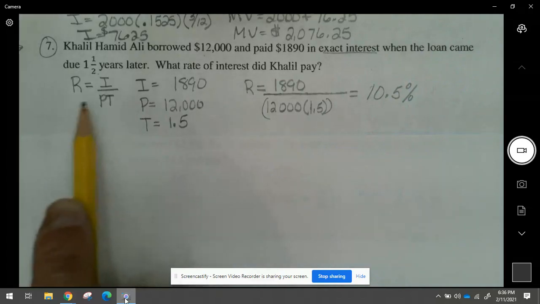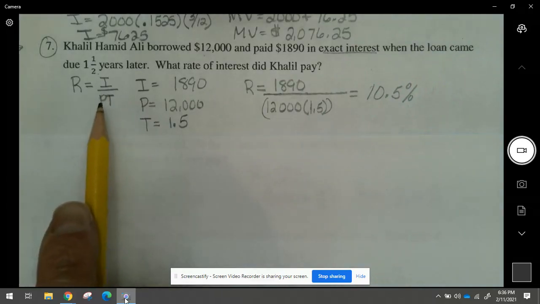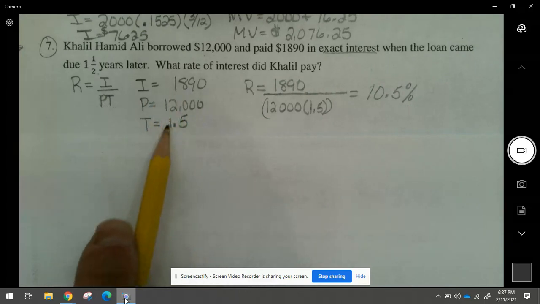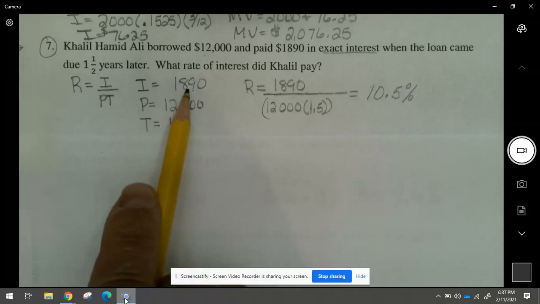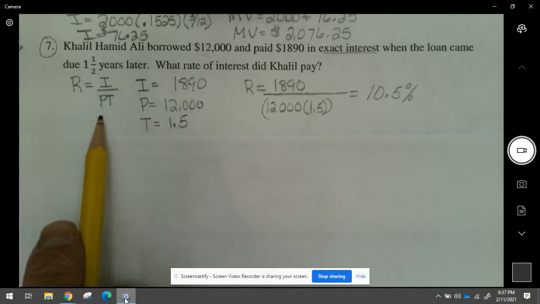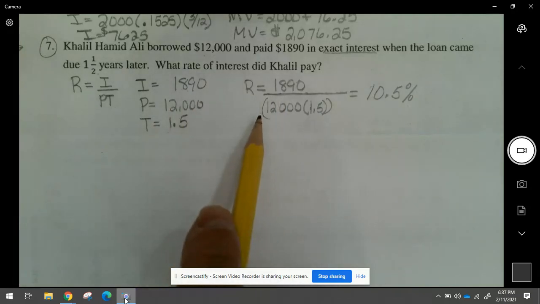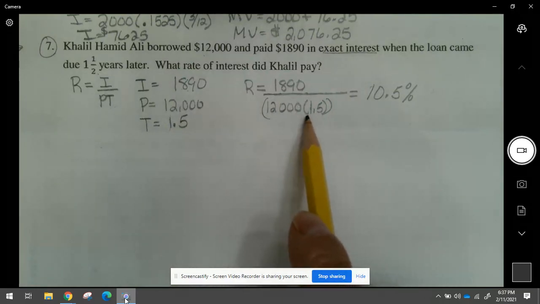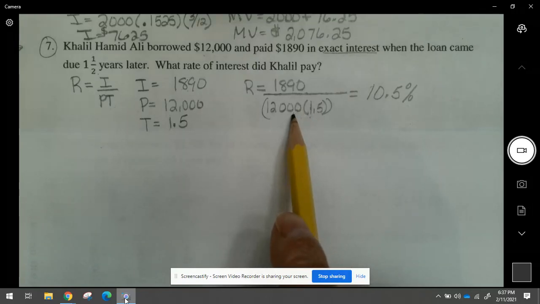So I set up my formula, rate equals interest divided by principal times time. So you list out your givens. Your interest is $1,890. Your principal amount borrowed was $12,000, and your time was 1.5. And then you simply sub those values into your formula, and you work out your math. Now, very important, on the bottom of this denominator, you must put this in parentheses.